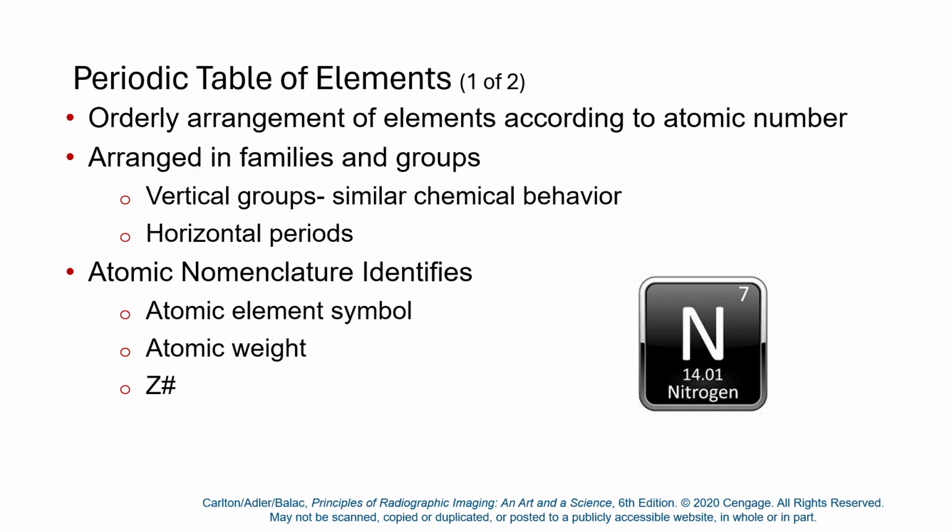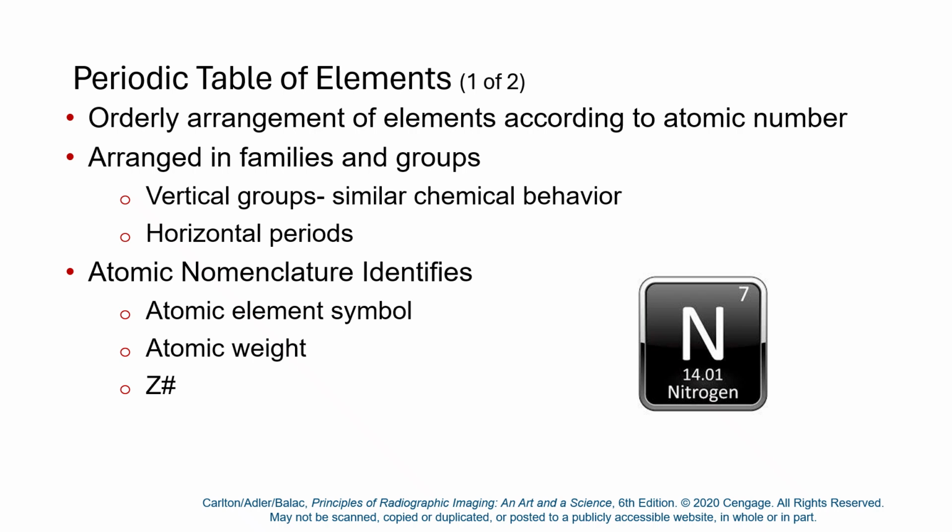And so you see a lot of 1-7 pairs. A lot of your salts are 1-7 pairs, one from group 1, one from group 7. And those are typically ionic salts. Okay. Horizontal periods track the pattern of placing electrons in the Bohr model shells.